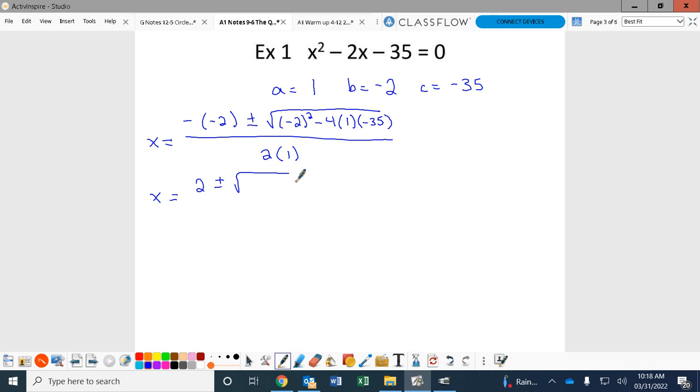What does that give you as the discriminant underneath that parentheses? What was it? 144. All over 2 times 1 would be 2.